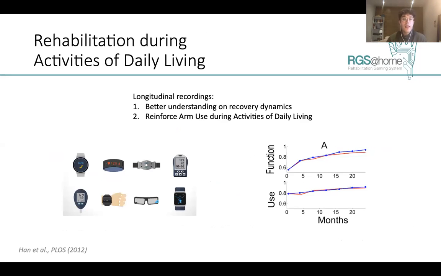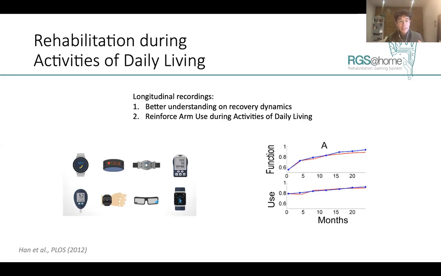For instance, there is a growing interest in the wearables and smartphones and smartwatches fields and their capabilities to provide, for instance, embedding rehabilitation into activities of daily living. And in doing so, we can also provide with longitudinal recordings of how patients are behaving at home.